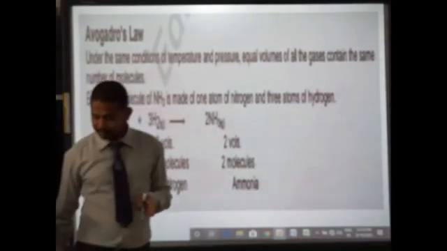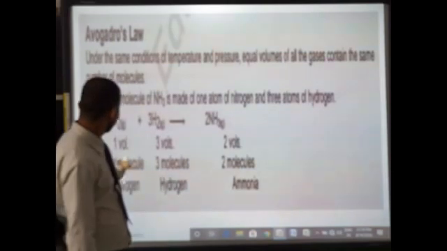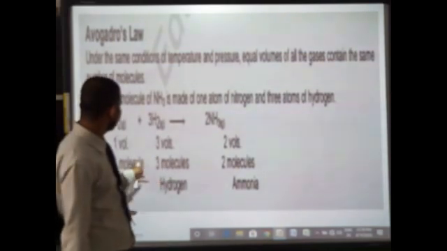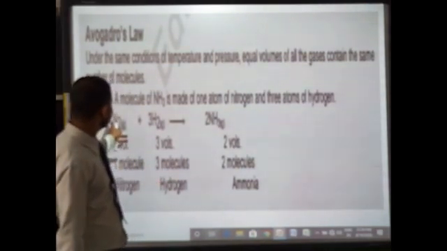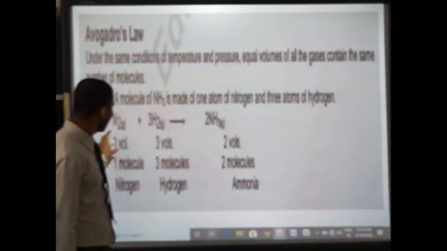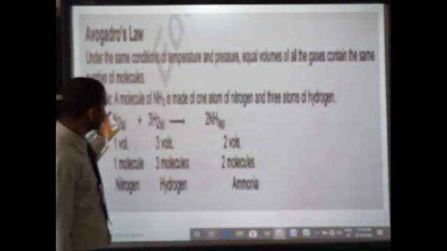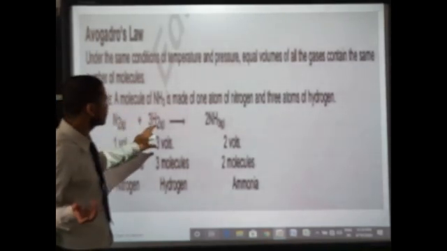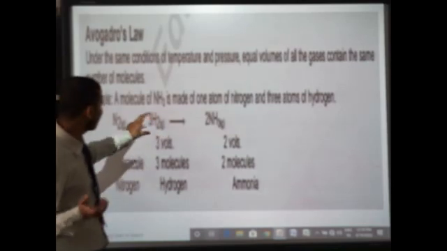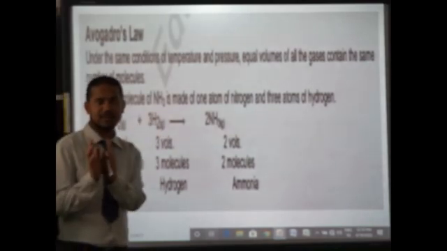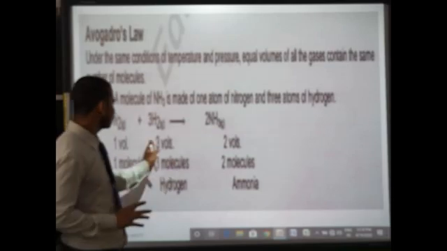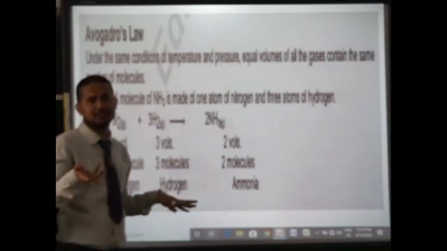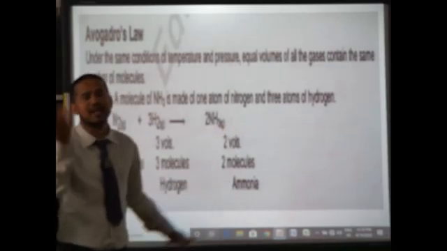That means 1 volume of nitrogen gas, whatever number of molecules it has, the same number of molecules will be there in another gas, provided there is 1 volume only. But 3 volume will have 3 times more. 2 volume will have 2 times more.